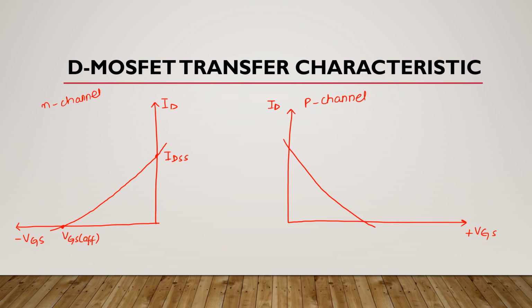At this point we have IDSS and here we have cutoff voltage. Now, just like junction field effect transistors, in depletion type MOSFETs, cutoff voltage and pinch off voltage are equal in magnitude but opposite in sign. So these are transfer characteristic curves for an N channel and for a P channel MOSFETs.